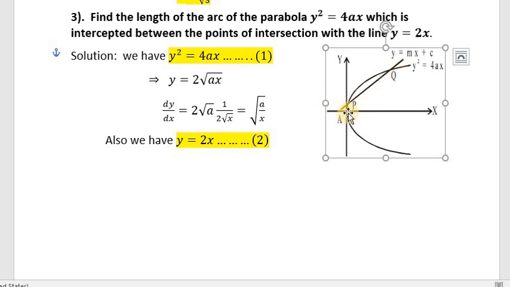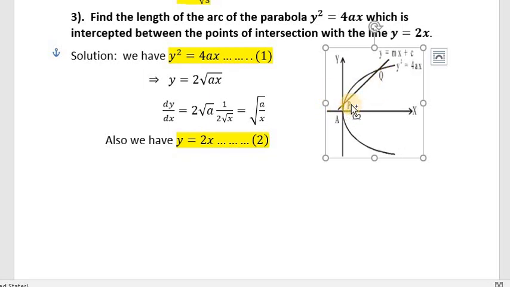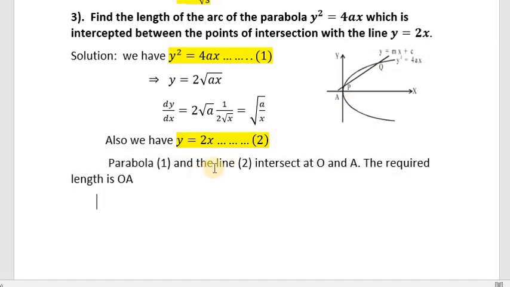Let us calculate the point of intersection. The parabola, line 1 and the line 2 intersect at A and O.